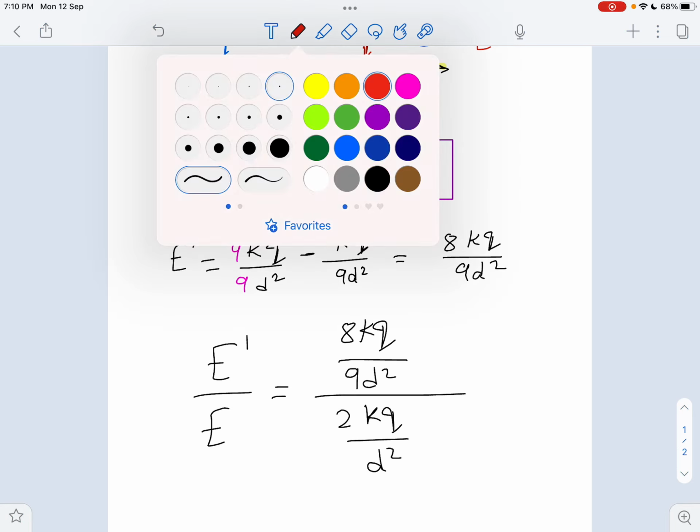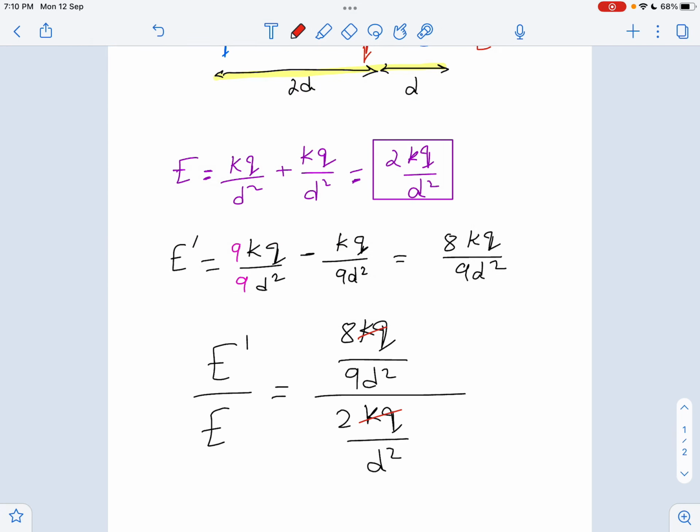Now we cancel the similar terms, KQ with KQ, D squared with D squared. You multiply this one by this one, you will get 8. And here, 9 by 2, you are going to get 18.